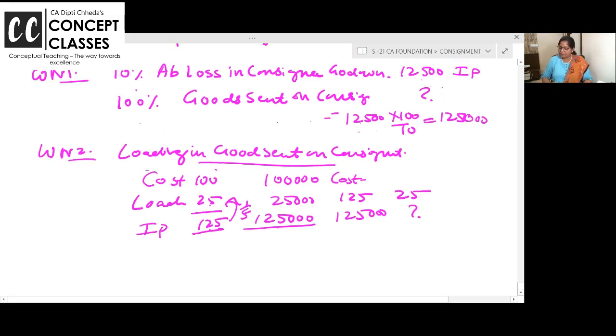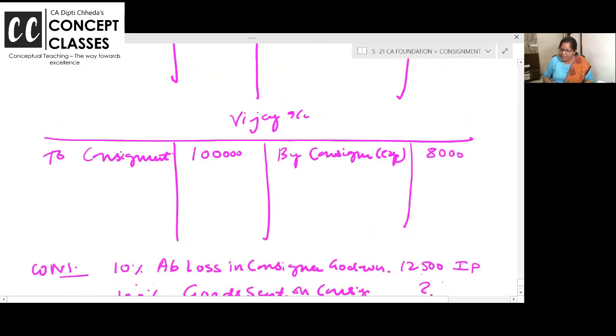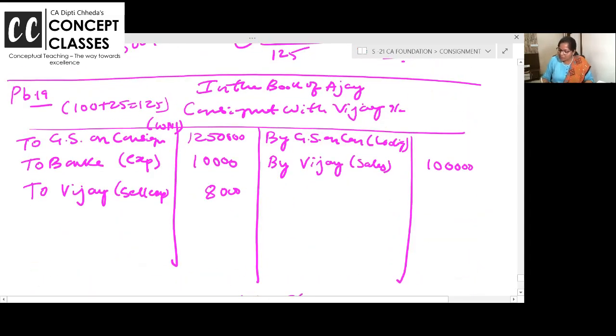Why do I need the loading? When I'm writing 125 on this side, I have to reverse 25,000. Reference number working note 2.